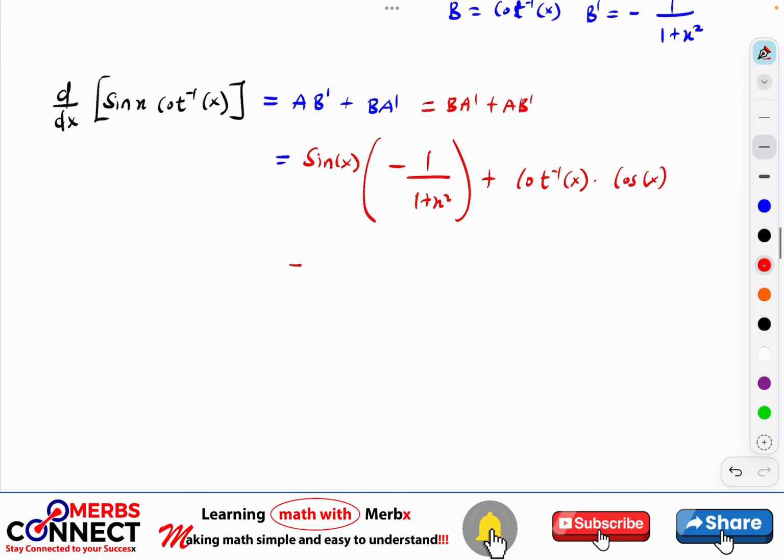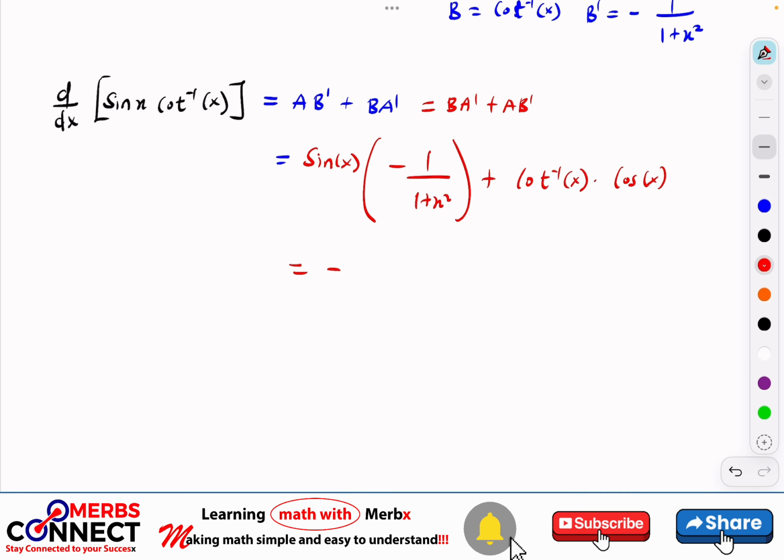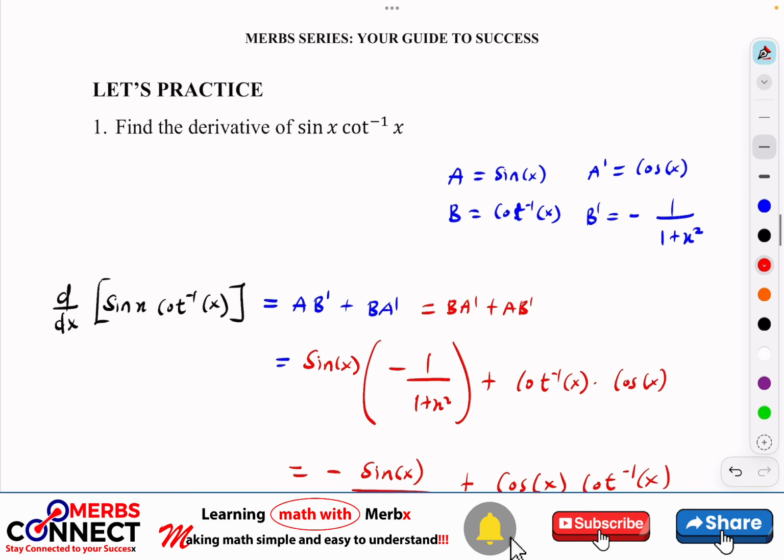And when I simplify this, now this multiplies this, and I'm going to have minus sine of x divided by 1 plus x squared plus, okay, I can keep cos first and then cotangent inverse of x here. So this is what we are going to get.